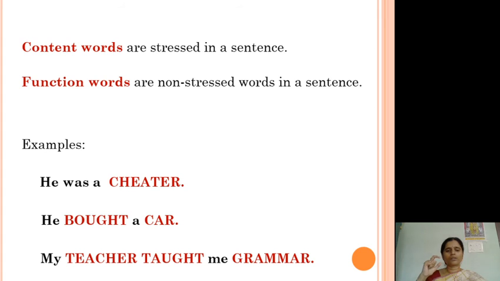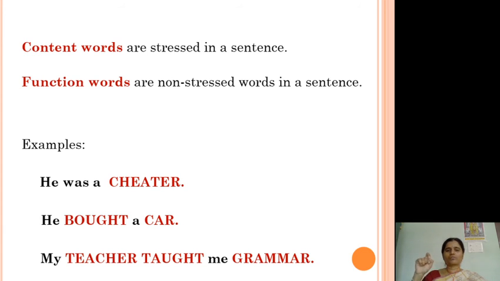When you are pronouncing the whole thing, wherever we get a content word, we put a little stress on that. He bought a car. Those content words are stressed. My teacher taught me grammar.